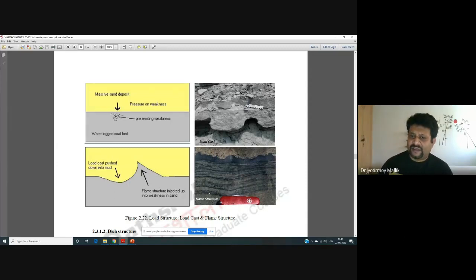Just by looking at it, you can imagine that these have not formed after the lithification. This has actually formed while these rocks were still soft. And if you go to multiple number of fields, your eyes are so trained that you will be able to very easily determine that these are load casts and these are penecontemporaneous deformation structures. These are not real folds.